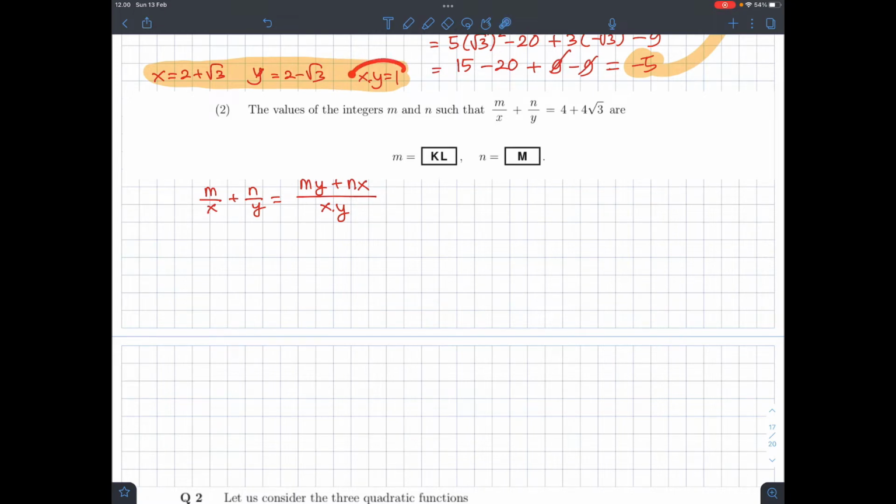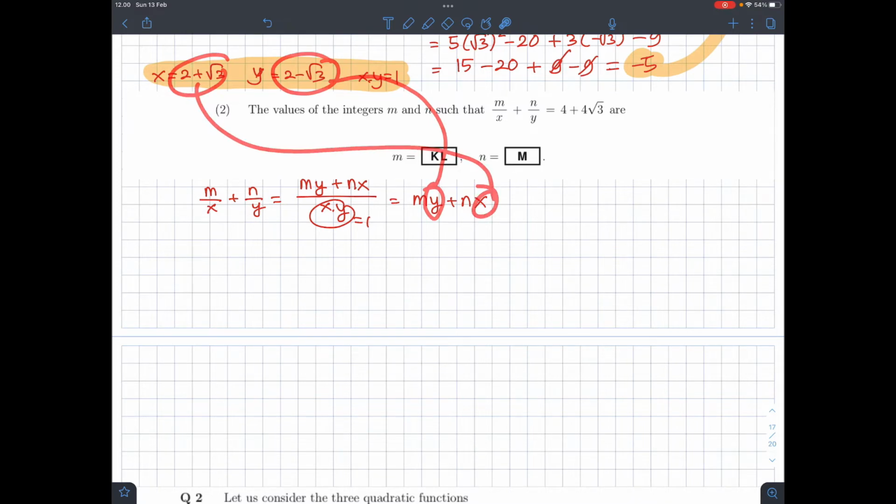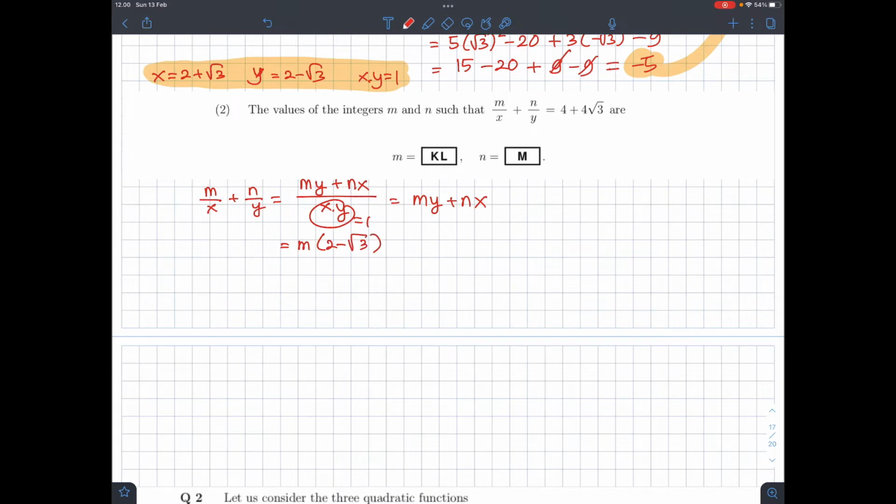Okay, and remember you already have xy is 1, so it will be 1 and simplify to this one, yeah. And we also have the value of y, and we already have the value of x. Here you just put them here and here, okay. So we get m times (2 minus square root of 3) plus n times (2 plus square root of 3). Okay, you just multiply like this, and you group.